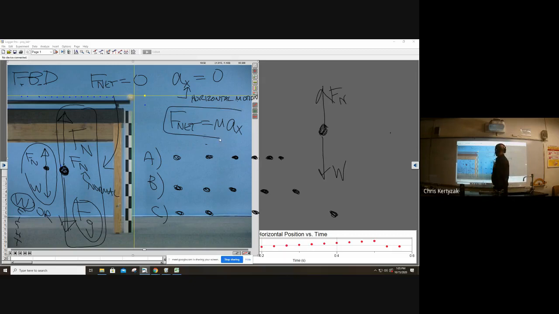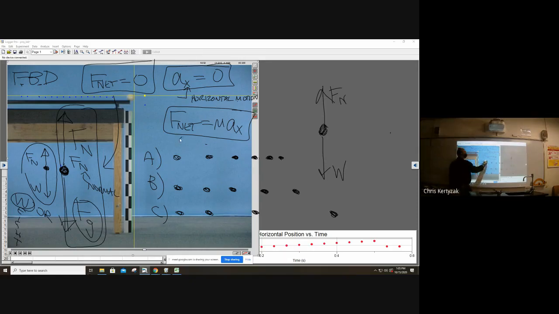Does this support these two claims? Do those all fit together properly? Is there a connection between the statement F net equals 0, the statement a equals 0, and the theory that F net equals ma? Are those all harmoniously in agreement, or is there some conflict there?